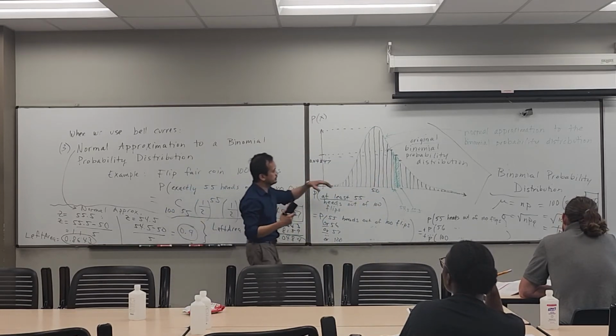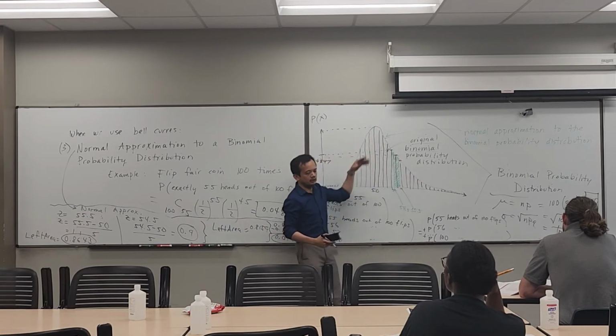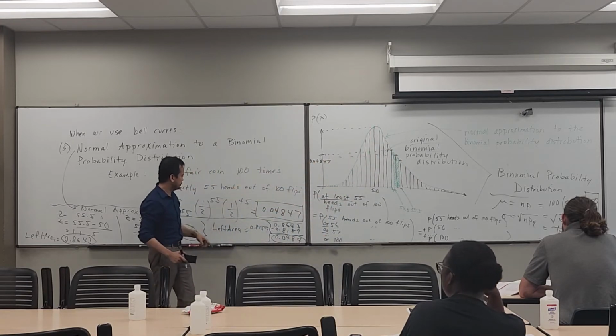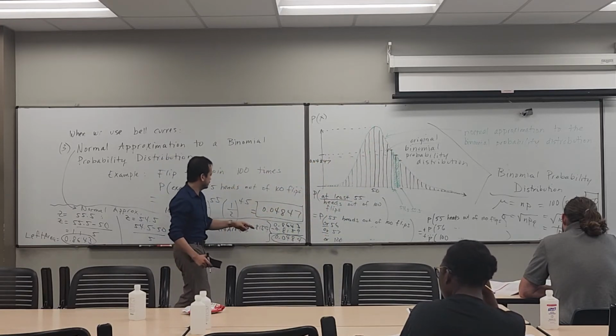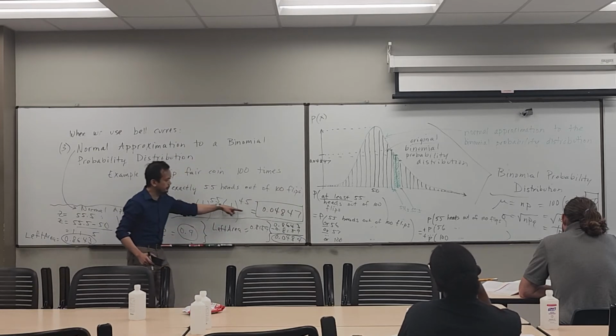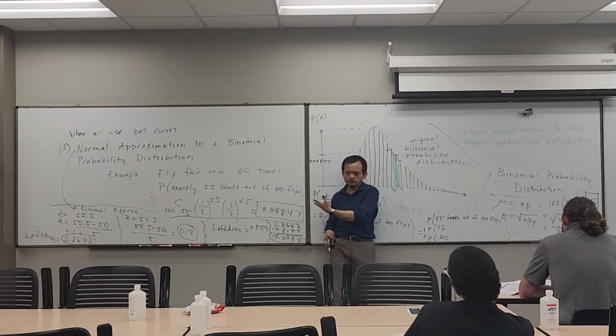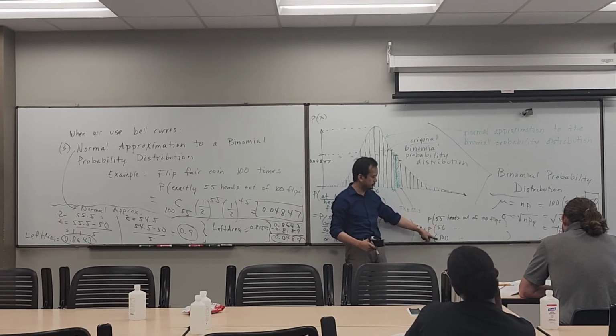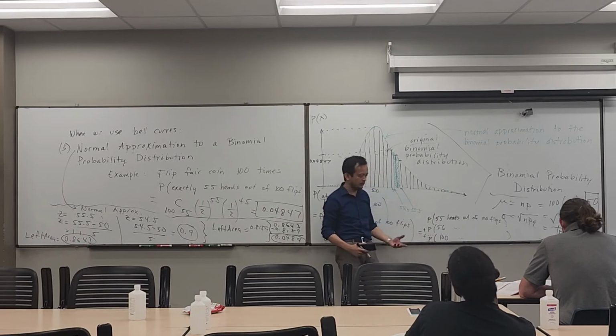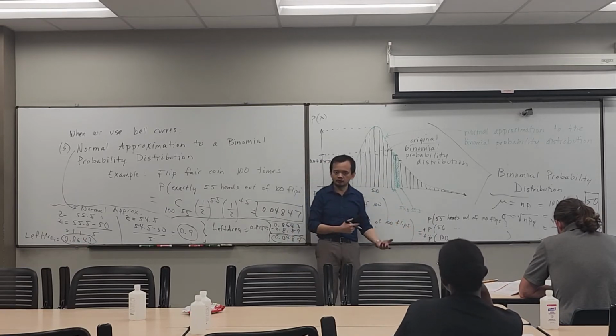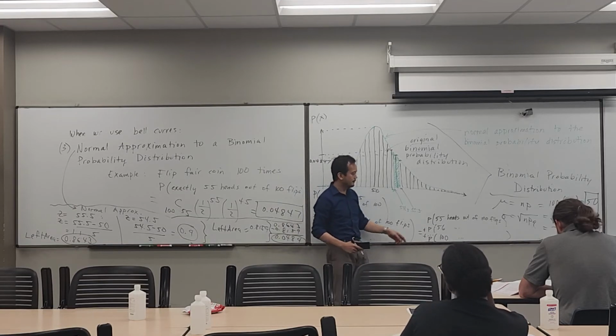If you didn't have this concept of fitting a bell curve onto the binomial distribution, we would have to get this answer by using this binomial probability formula on each of these individual probabilities. So we'd have to use that long, cumbersome formula from 55 to 100, so 46 different times. That can be done, but that's a lot of work, and you don't want to do that.